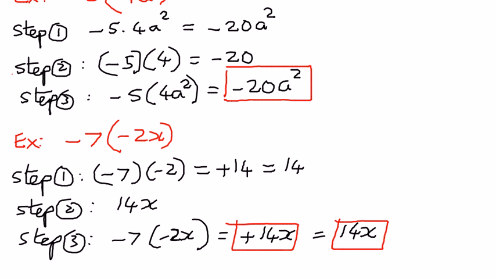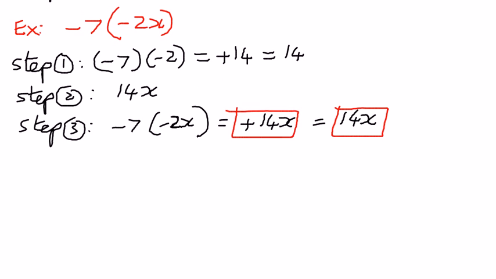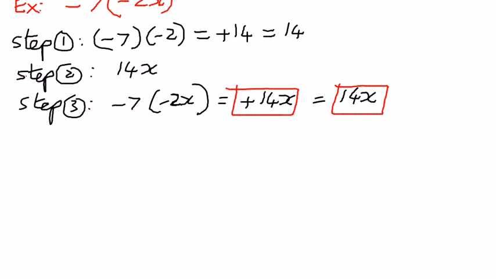Okay, let's take another example. Let's say this time let us try to work an example with relation to fractions. Let's say we want to simplify negative 3 over 5 times negative 7 over 9, and then the y, the variable term, is outside of the parenthesis.